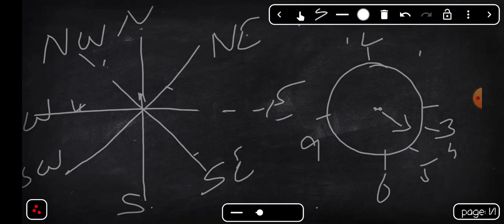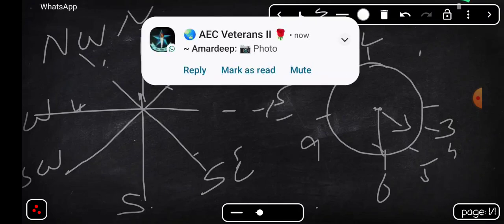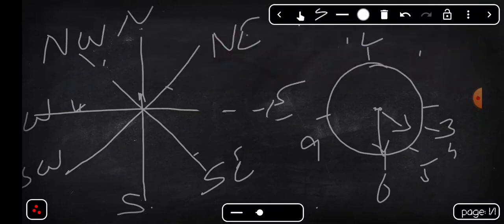The minute hand will be on 6. 6 means it is the south direction. Please see the left side picture. The minute hand indicates south direction, and the hour hand indicates southeast direction.